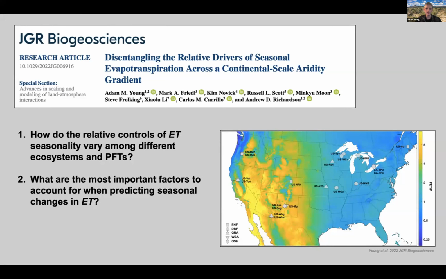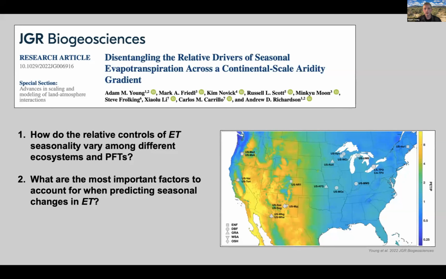Specifically, we were interested in comparing systems in more arid regions, like the Southwest, versus wetter regions, like the Northeast. We defined an aridity index as the 30-year average potential evapotranspiration divided by precipitation, and we selected 20 different AmeriFlux sites that broadly span this gradient.